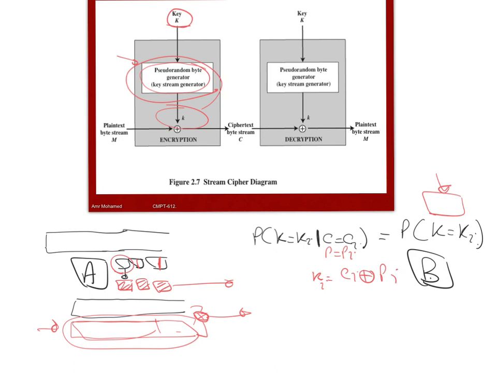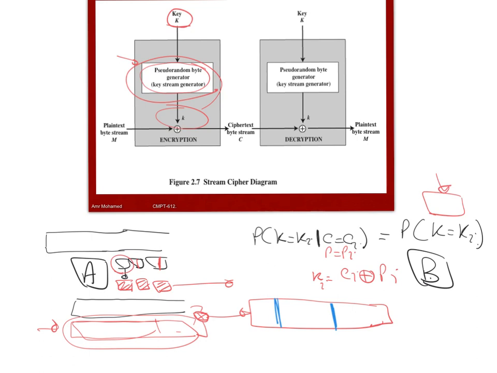But because stream ciphers use the Vernam cipher, if I have an output sequence of bytes and there is a certain error here and here, on the way back, what will happen?